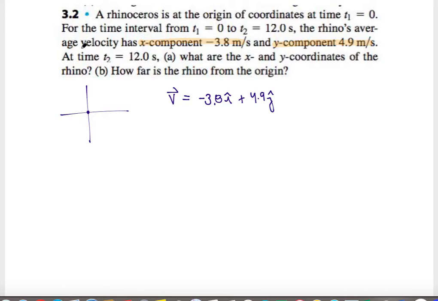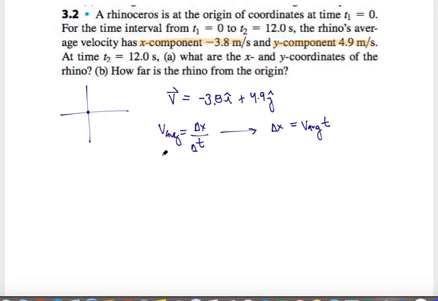So if this is my average velocity, I know that average velocity is defined as delta x over the time interval. If I rearrange this, I can see that my change in position would be average velocity times my time interval, which I'm starting at 0, so I can just write that as t.